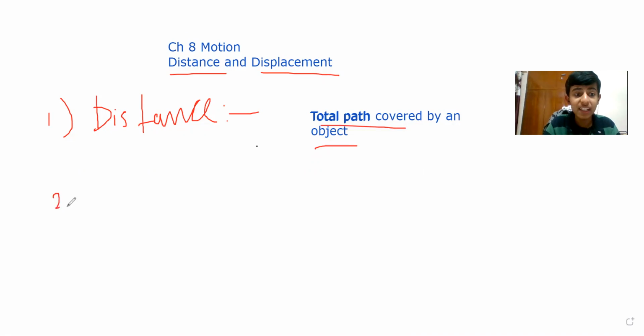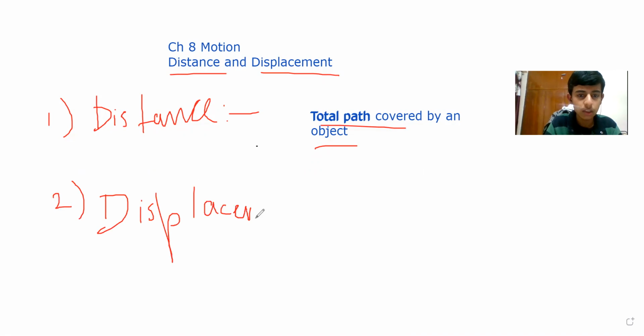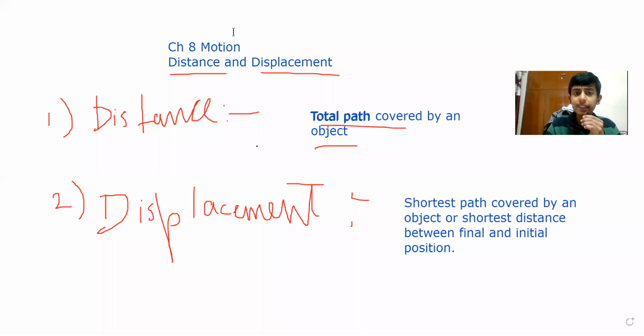Now coming to displacement. What is displacement? What do you all think? What can the displacement be? Let's answer this question. So displacement is the shortest path covered by an object, or the shortest distance between the final and initial position.